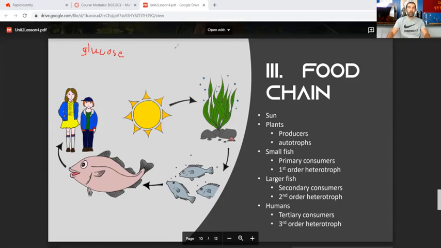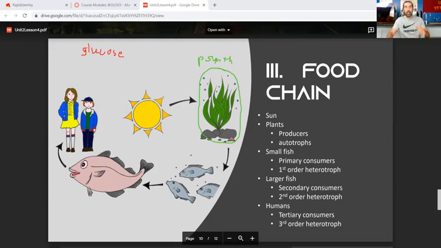Now, the original source of all energy on the planet is the sun. But what happens is this plant right here does a special thing. It does photosynthesis. It takes energy from the sun, or radiant energy, and converts that energy into a chemical energy called glucose. And it does that by the process of photosynthesis.